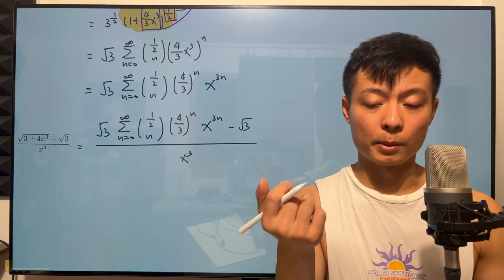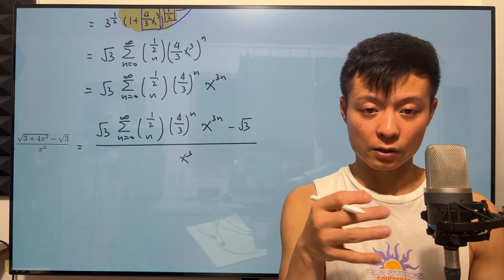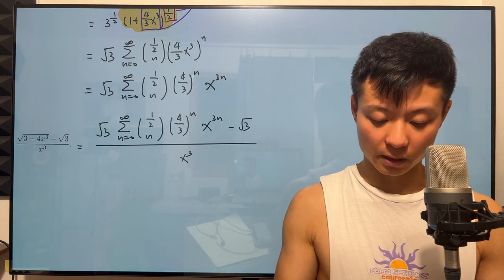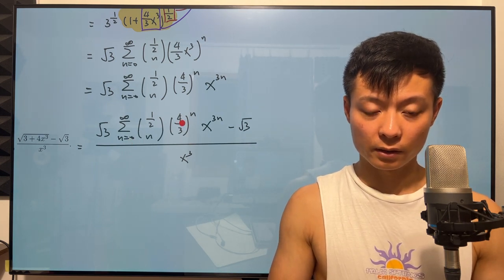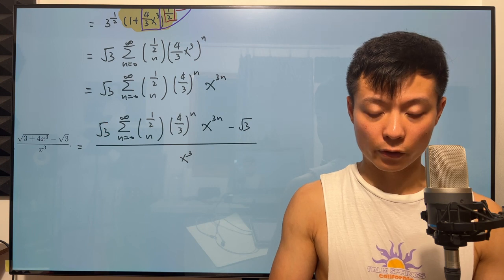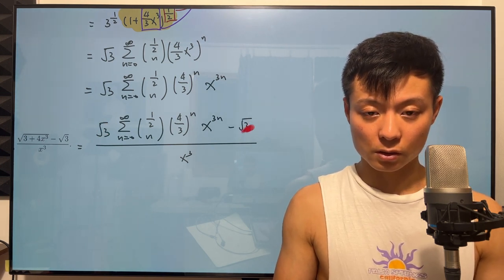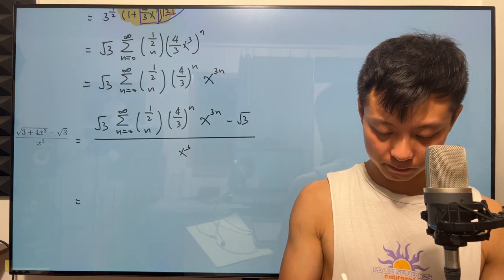And you probably have noticed that there is some cancellation for us to do here in the summation, because when n equals 0, the first term is going to be 1. And after you distribute this square root of 3 over the sum, you can cancel this square root of 3. So let's write that out.